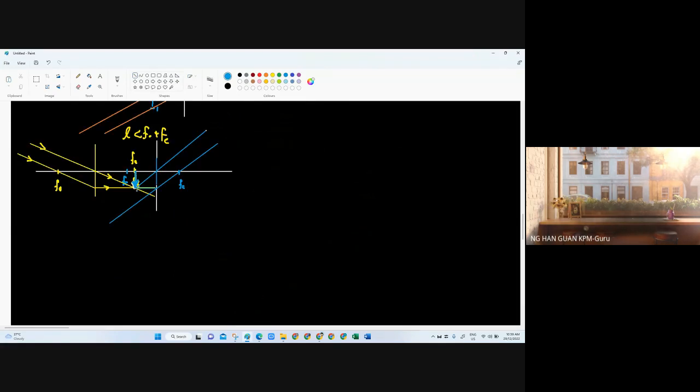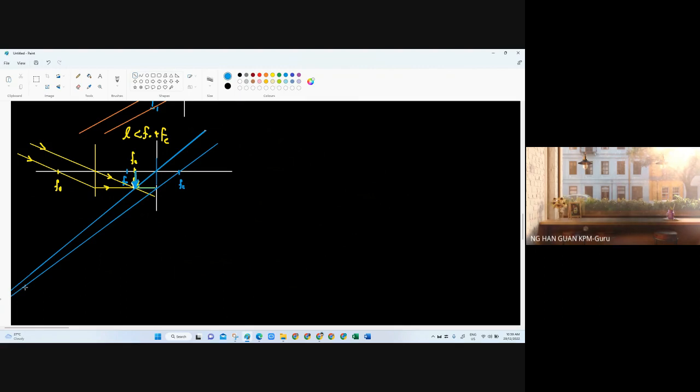When I extend it, the image will be formed very far away, because I'm using an F a bit longer. That's why the image is far away.